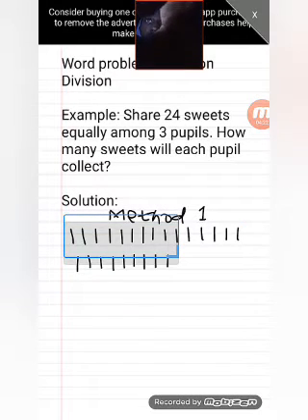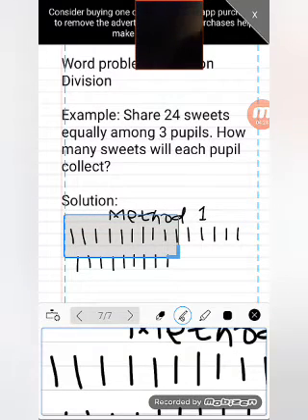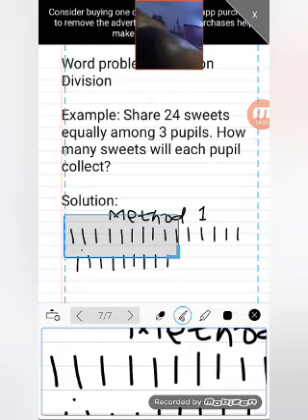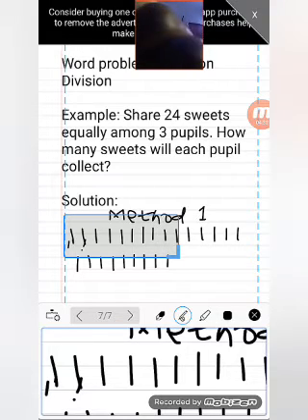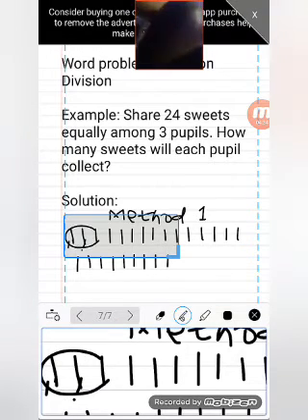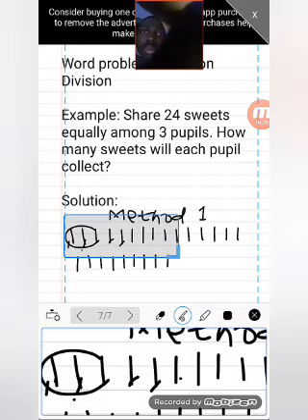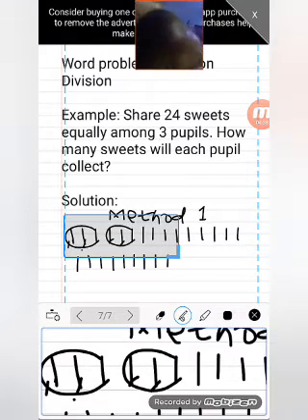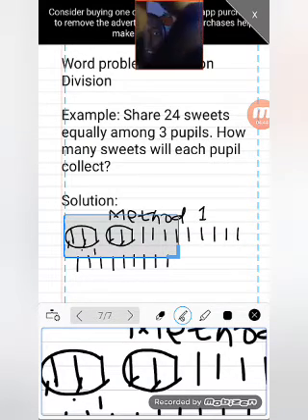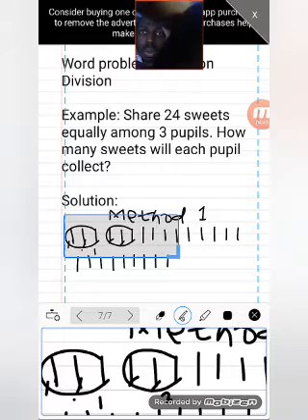We divide it into, we make 3 groups. That's to know how many each gets. 1, 2, 3. 1, 2, 3. Perhaps we can write it above or under: 1, then this one 2.